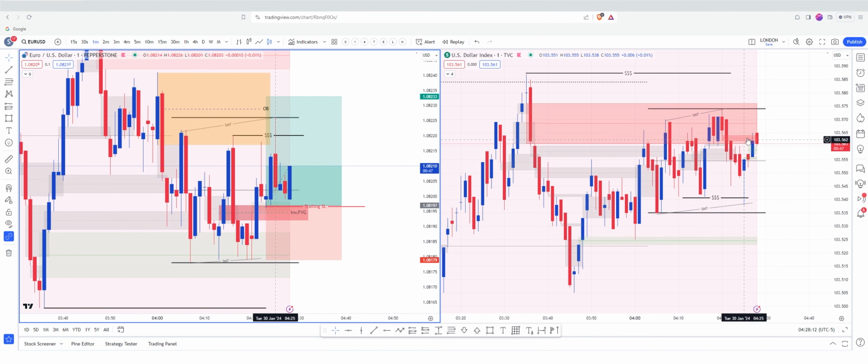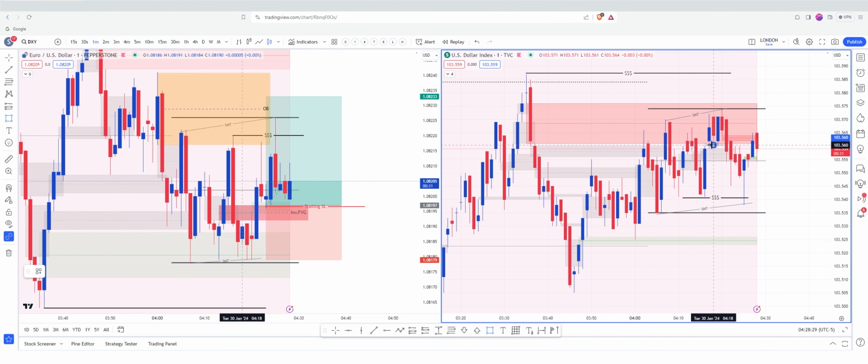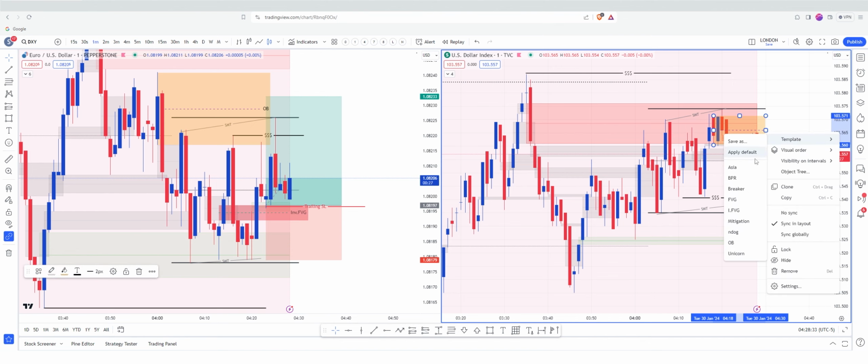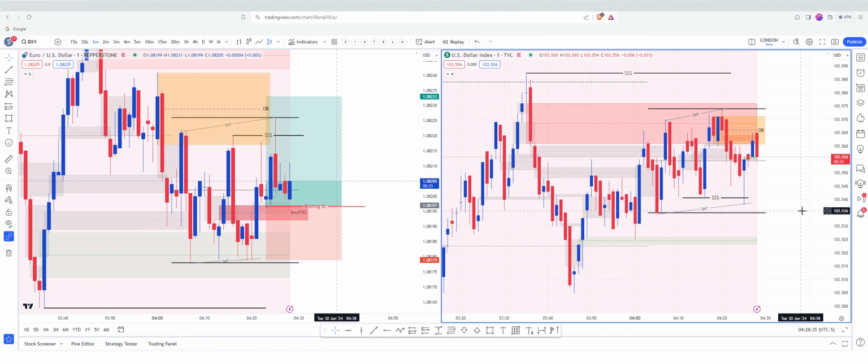Back into a fair value gap on the Dixie, having a rejection off that order block in that fair value gap. So the retracement could be done now on the Dixie. All of this is now balanced. This order block that we've just tapped, fair value gap inside the order block. So you're wanting that as a really strong reaction to continue lower now.